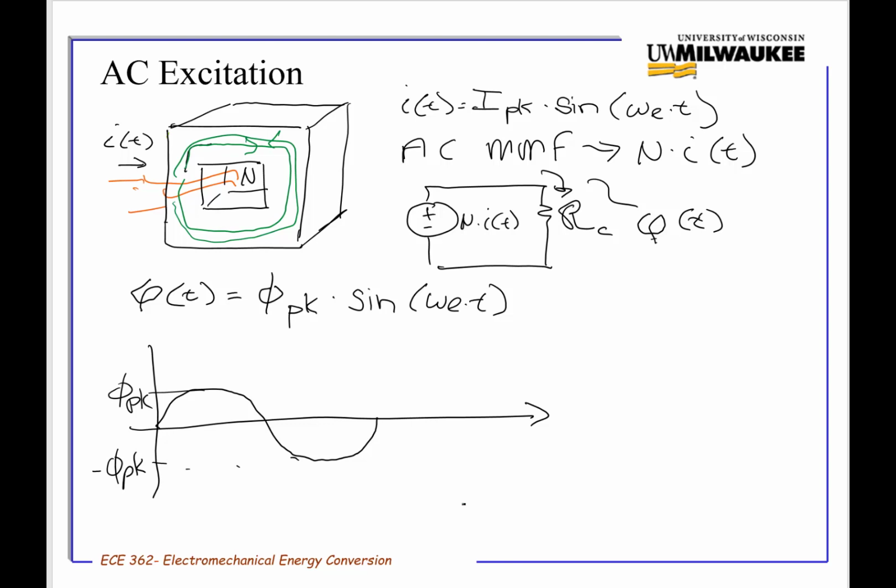We also know that the flux density in the core, B, is going to be equal to whatever the flux is.